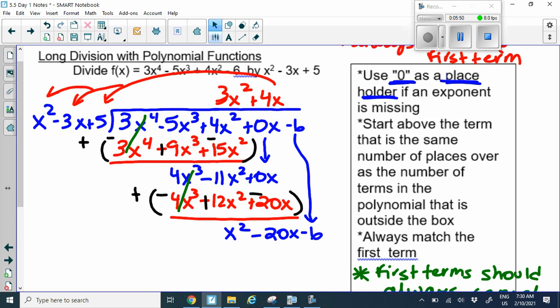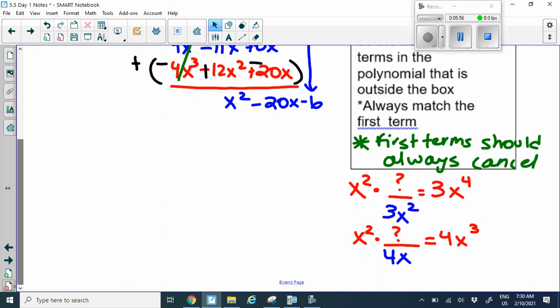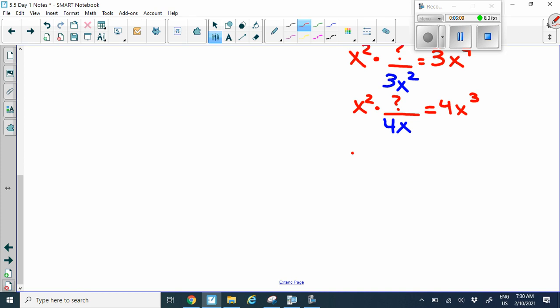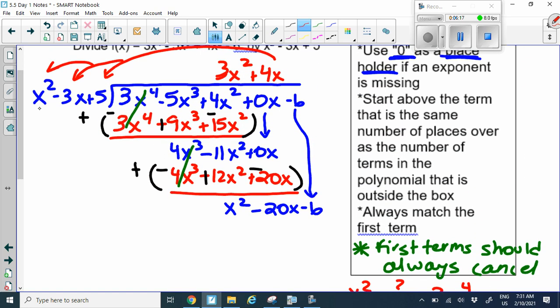So now I need to match up my new first term, which is x squared. So I need to think, x squared times what will give me x squared? Well, that's just going to be 1, okay? That's nice and easy since we only have to multiply by 1. So I'm going to put that up here where my answer is. So I have a plus 1.